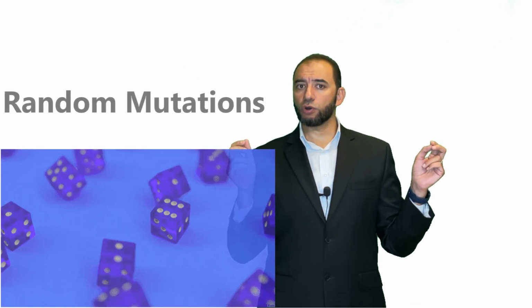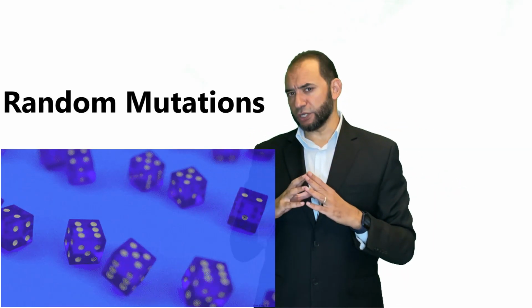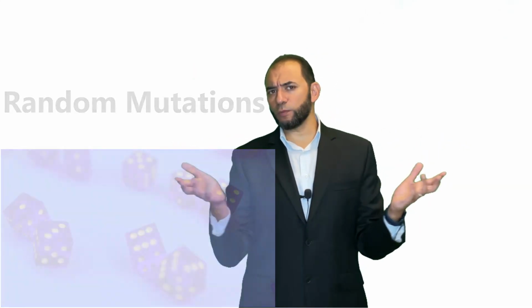Now, when DNA errors occur, they are now called mutations. And since those mutations are completely unpredictable, they are also called random mutations, because they are due to so many factors.